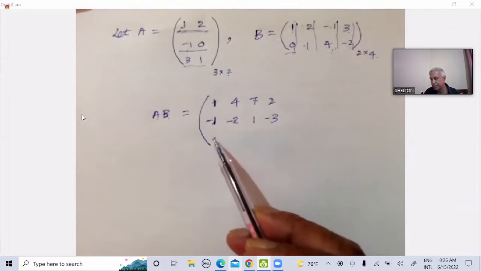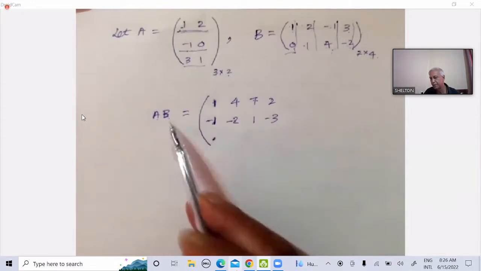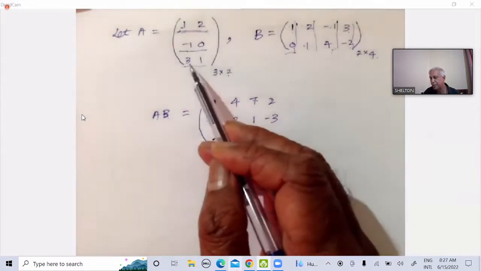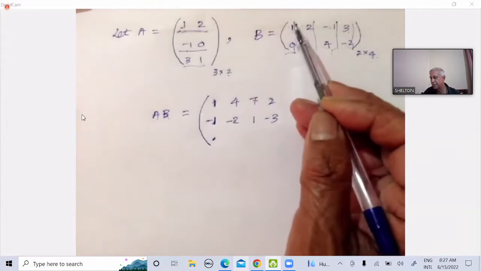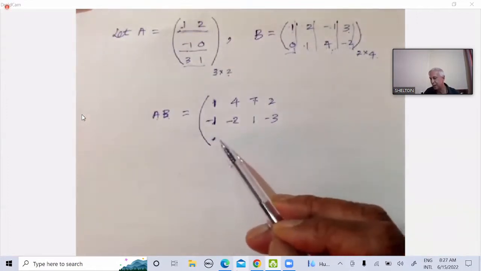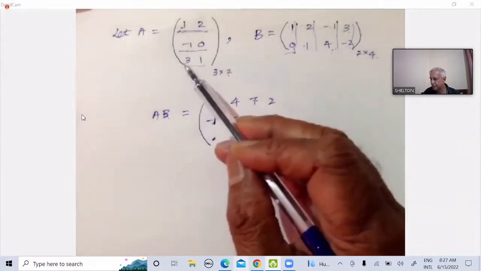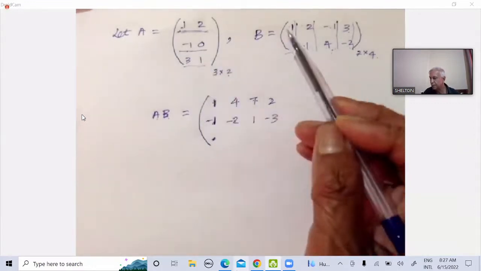What is the entry that you need? Tamil speaking students, what is the entry that you need here? It is the third row, first column of the product. So the third row from the first matrix and the first column. Third, 3, 1. First column of this. Multiplying. So third row, first column.